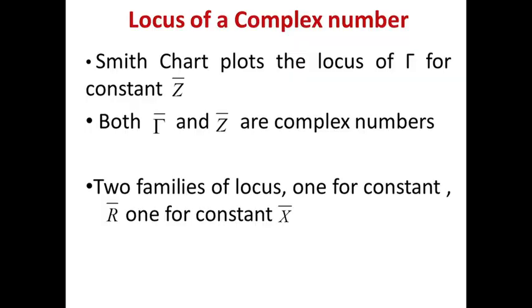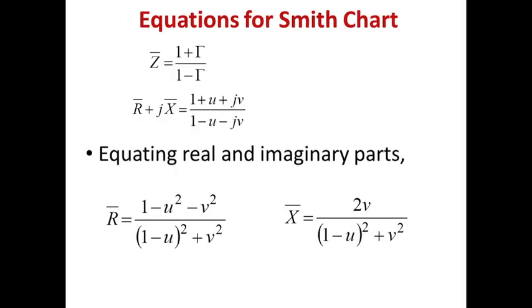That leads us to two families of curves. Since two families of curves are plotted on the same chart, the Smith chart looks a bit complicated, but if you understand, you will unravel it. So, two families of locus, one for constant r bar, one for constant x bar.